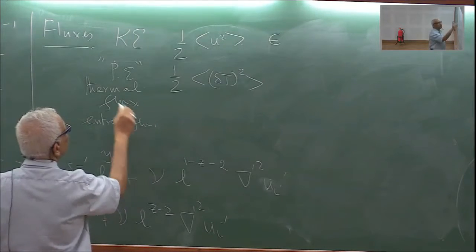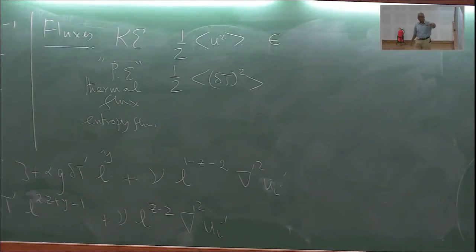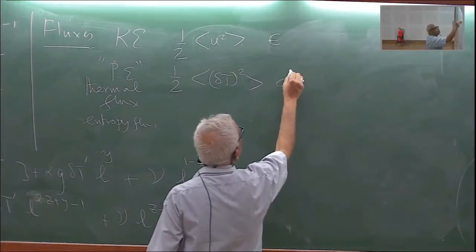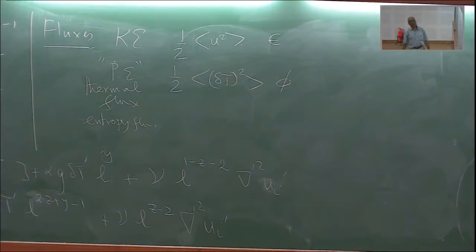So there are various ways in which you can characterize this. So there is this, and I may call this flux phi. So there are these two fluxes now to worry about, epsilon and phi.